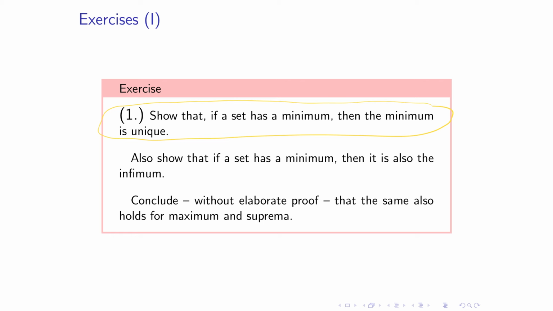Take any poset which has a minimum and show that there cannot be a second distinct minimum. Probably by this point, it's clear how that proof should be structured. Essentially what you're going to say is, let alpha be the minimum of this subset Y, and let beta be another minimum of the subset Y, and then show that alpha must equal beta.